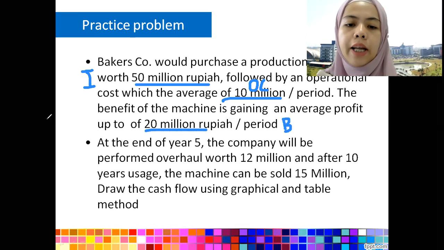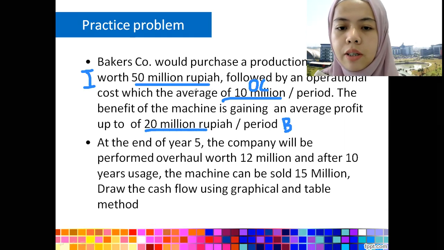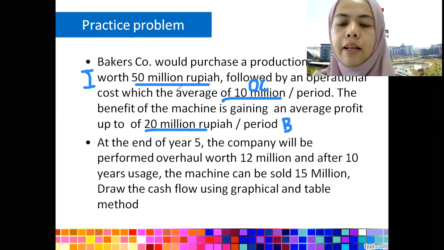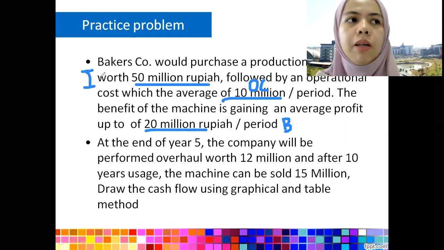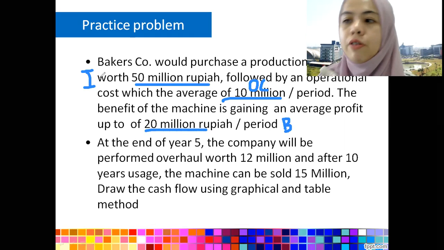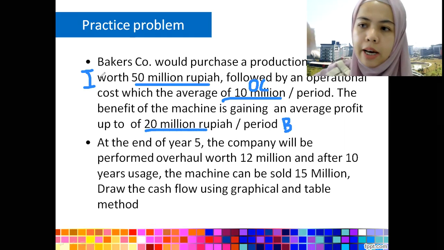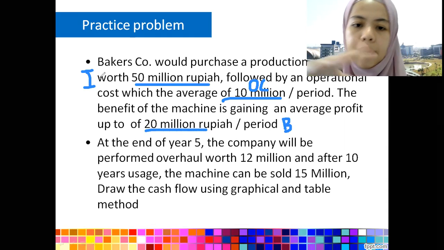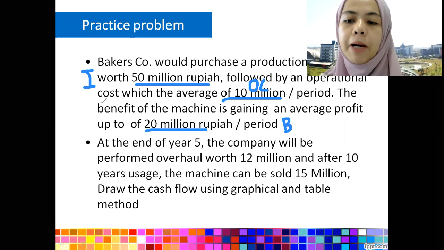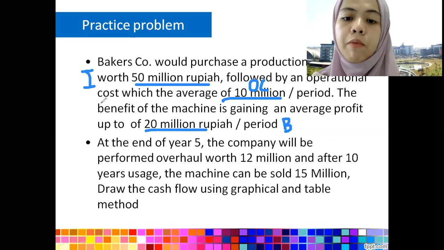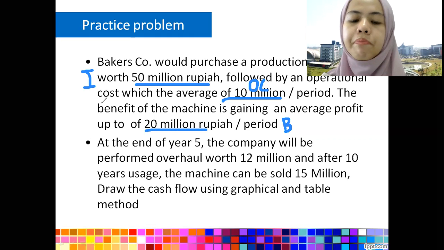But don't forget, these cash situations have different signs. Investment means we incurred some money, so we can put it in the downside area, the negative area. And followed by the operational cost, which has the same treatment as the investment, a downside arrow. And the benefit has the opposite sign, which is an upside arrow.